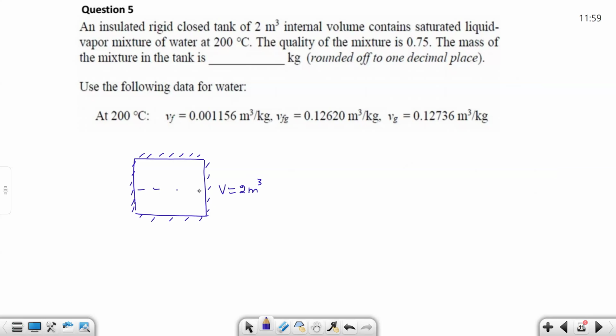So maybe a liquid and gas, mass of gas, mass of liquid. The quality of the mixture, the dryness fraction, is 0.75. Find the mass of the mixture in the tank in kg.